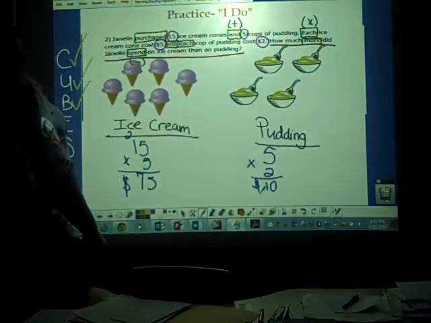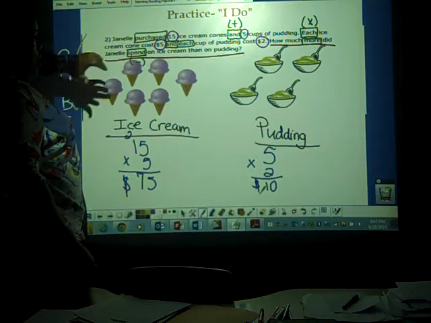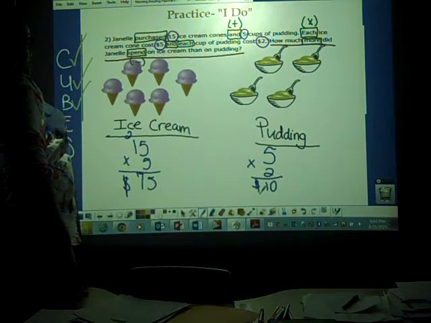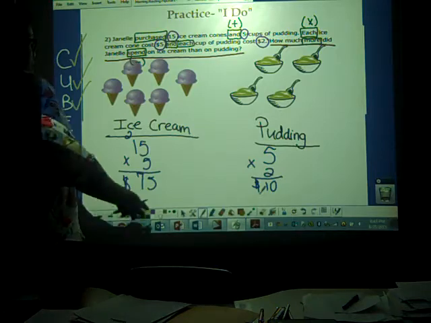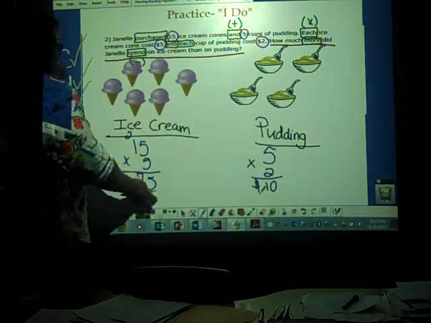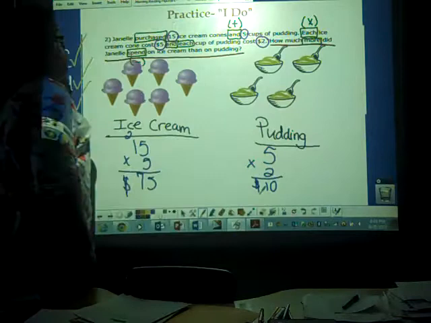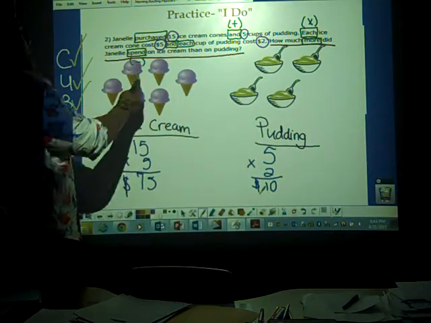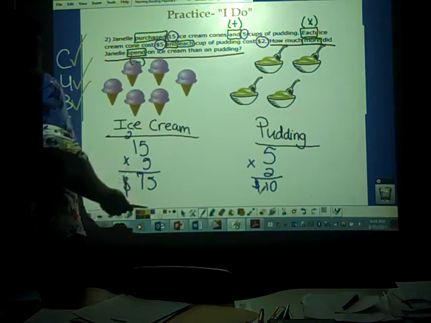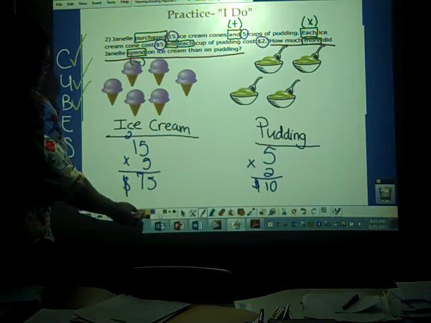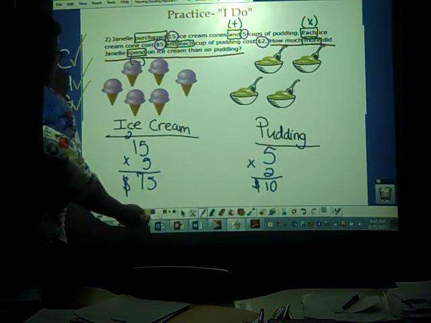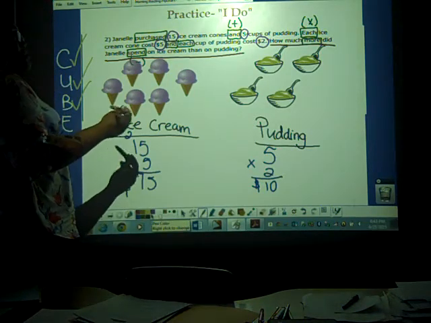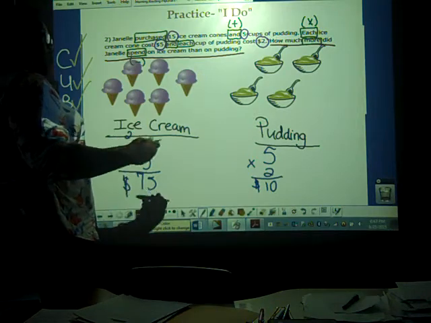How much more did Janelle spend on ice cream than on pudding? Well, she spent $75 on ice cream and $10 on pudding. My keyword is spend, and I put a subtraction sign underneath it because spending is subtracting from yourself.